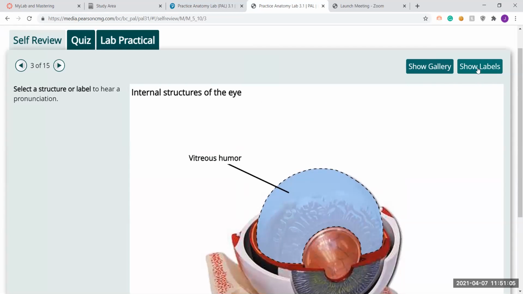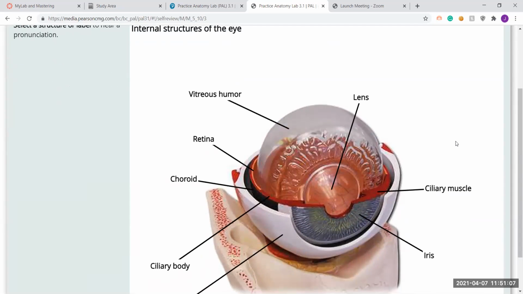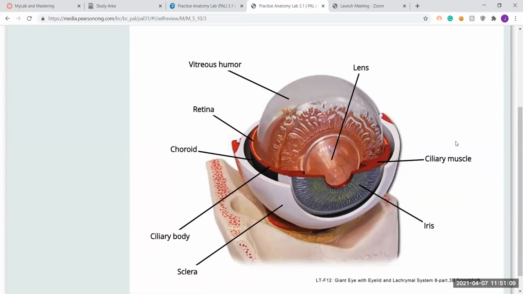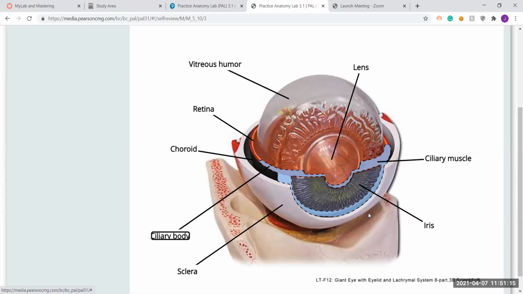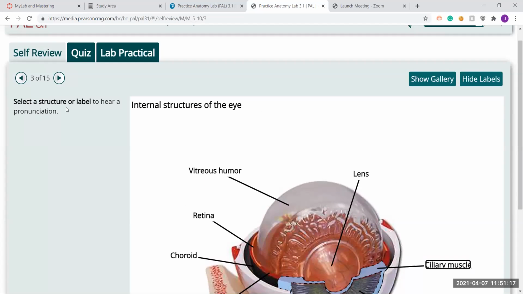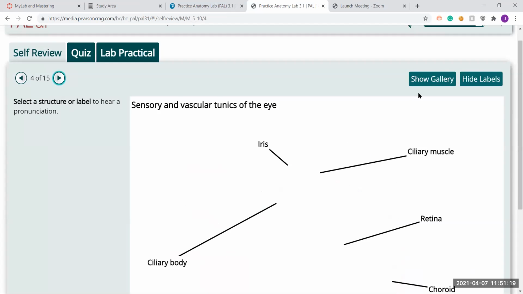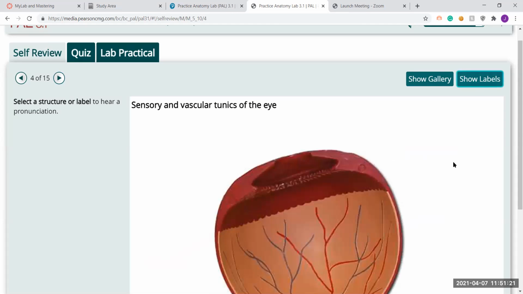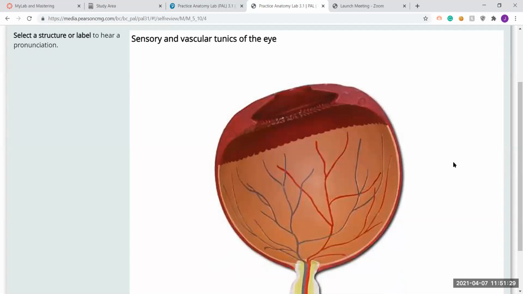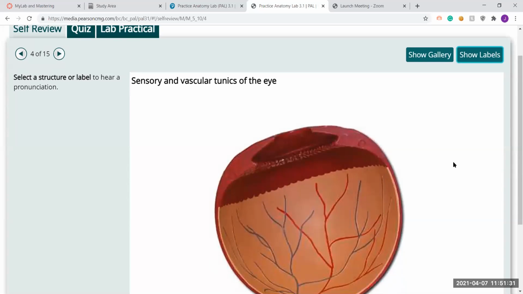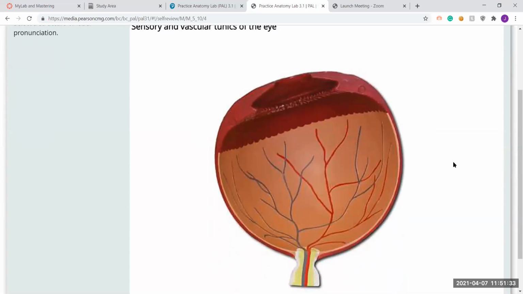You can see all the labels again. Okay. You can see this is the ciliary body. Okay, so this is the sensory and vascular tunics of the eye. That means we have removed the sclera and are looking at the vascular and sensory tunics.